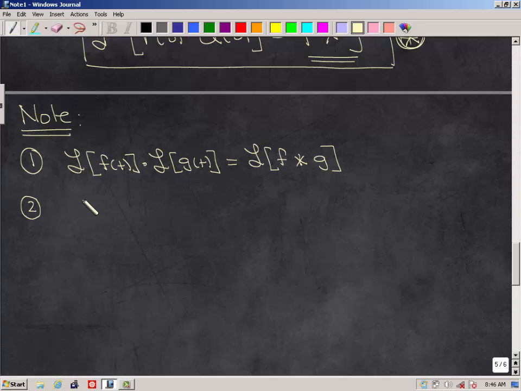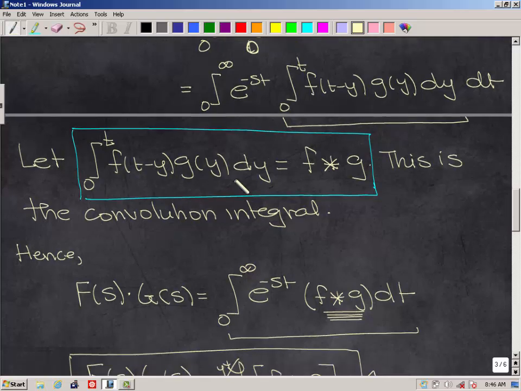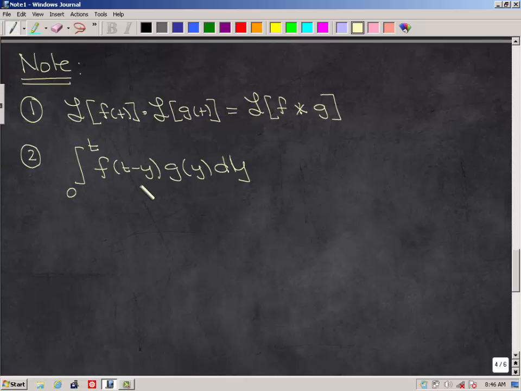If you look at the convolution integral, it goes from 0 to t, f of t minus y g of y dy. Okay, so that's a convolution integral. So basically what does this mean? It's some type of a translation, where you have something changed inside. So we are translating f. The convolution doesn't care which of these functions you translate.